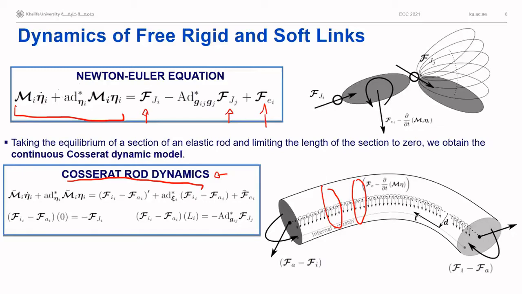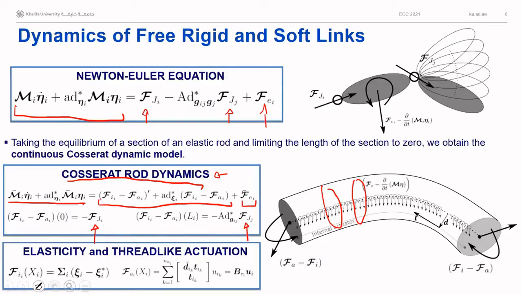And I would like to highlight the similarity with the Newton-Euler equation. Here you have the inertia term, the joint forces act through the boundaries, so in the boundary conditions of the system. Here you have the internal forces and the distributed external forces.